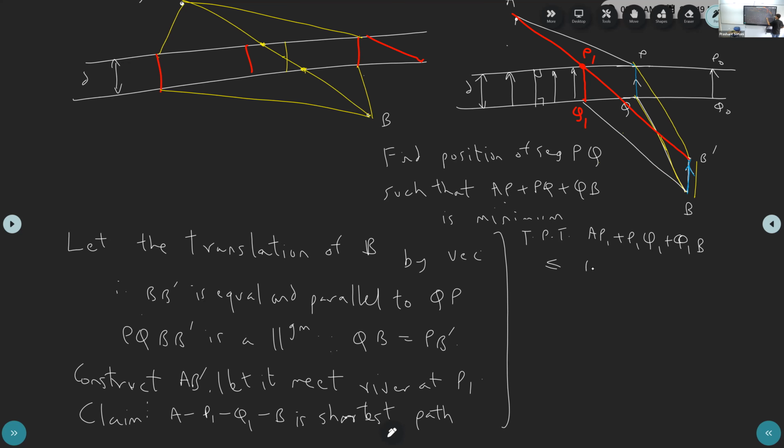So here it is, for example, AP plus PQ plus QB. So understand the setup that this P1 Q1 are fixed points and PQ can be any points on the line, but I have to show that no matter where I choose the PQ, I will still get a distance which is greater than P1 Q1.